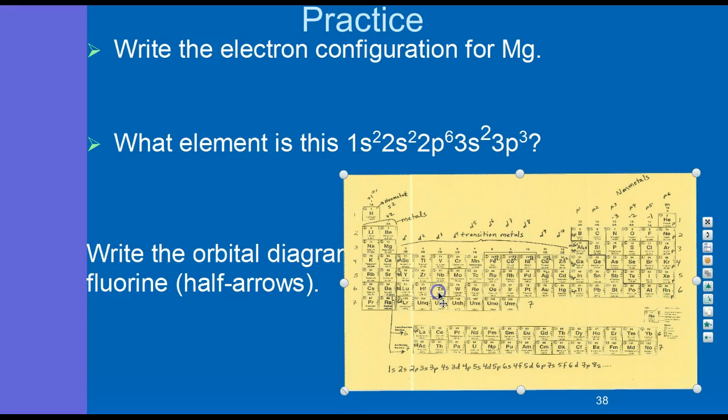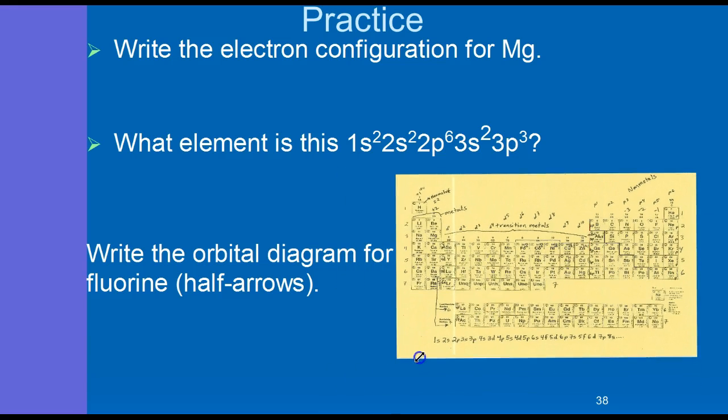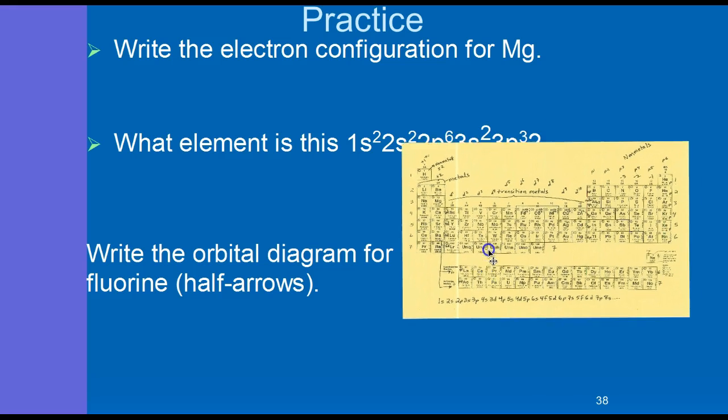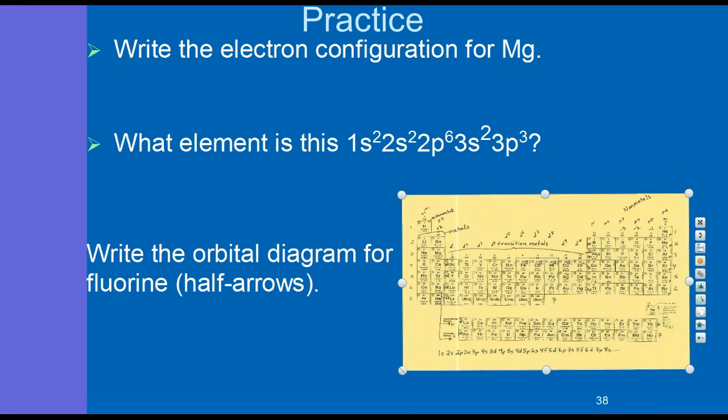This next one says, write an orbital diagram for fluorine using half arrows. Okay, so my friend fluorine. Fluorine ends in 2p5. So we're going to have a 1s with a line, and it's going to be filled. We don't write them as superscripts on this one.